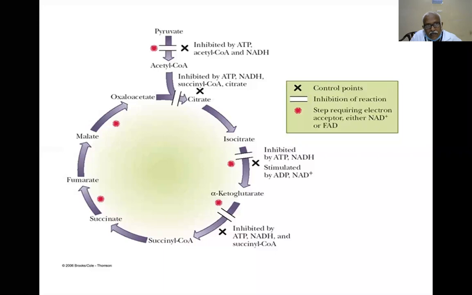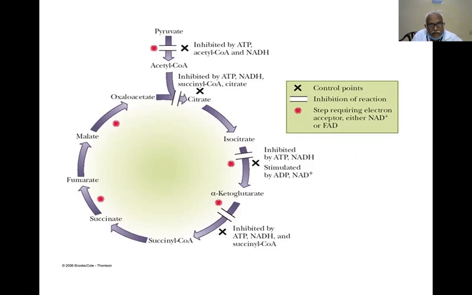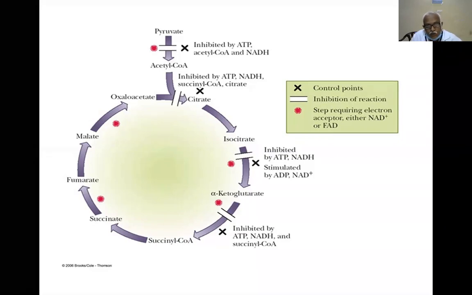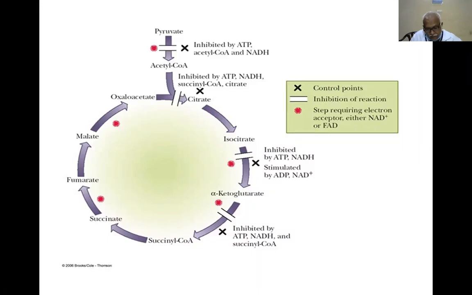In pyruvate to acetyl-CoA conversion, isocitrate to alpha-ketoglutarate conversion, succinate to fumarate conversion, and malate to oxaloacetate conversion. In all these four places, an electron acceptor in the form of NAD plus or FAD is most important. Okay, so this is also frequently asked.